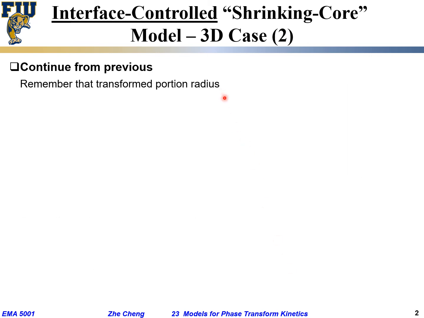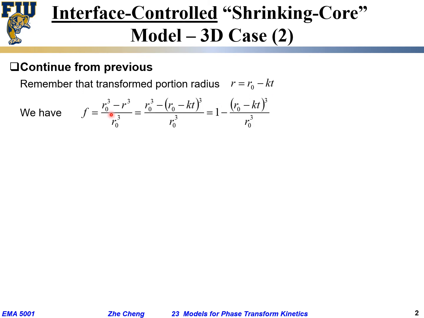And remember the untransformed portion radius R would be R0 minus kt. Okay, then we would have the fraction of conversion as R0 cube minus R cube divided by R0 cube. And for this, R would be R0 minus kt.